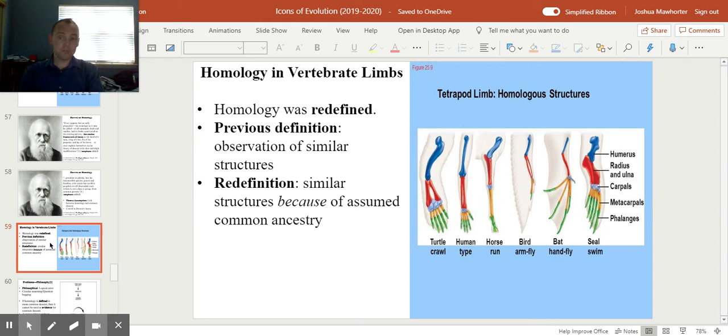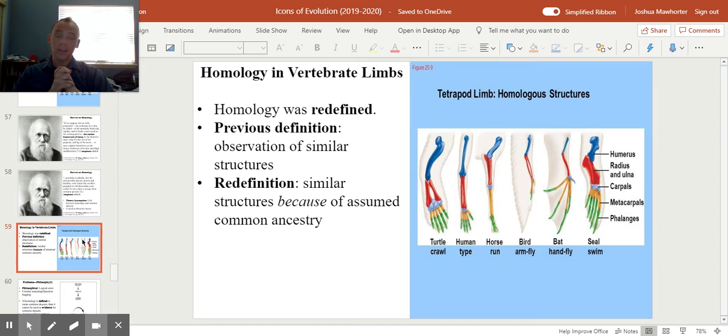But similarity is just an observation. It's an empirical observation about the world and about nature, that these structures are similar. You can kind of classify them by the same names, though they exist in some very different animals. That being said, watch for this, because homology gets redefined. There's a couple of logical fallacies here.